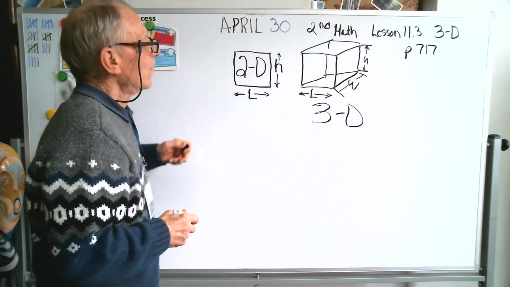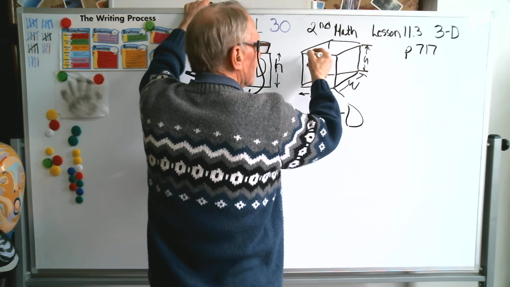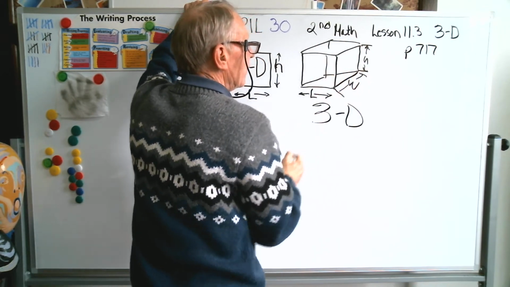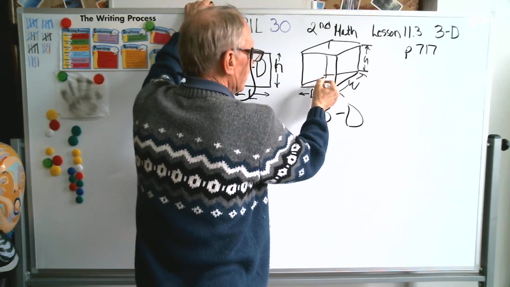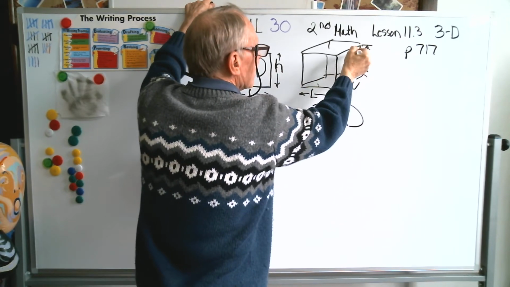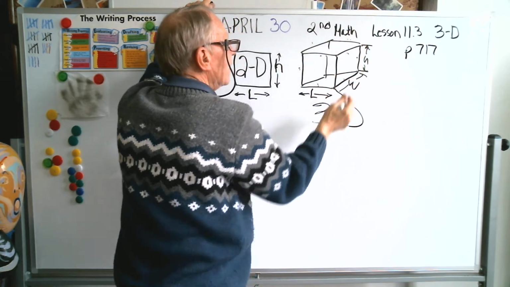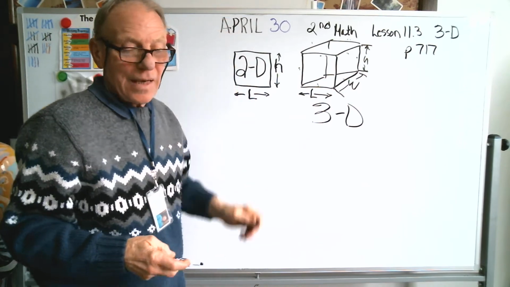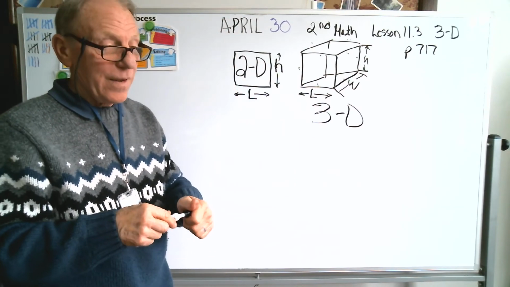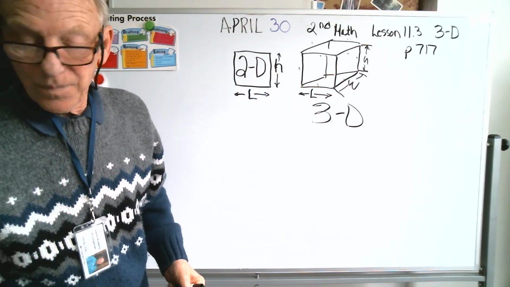Now, within this example on the board here of this cube, remember each dimension, regardless of what side dimension we're looking at, those dimensions are all the same. And it's a cube defined because of that.